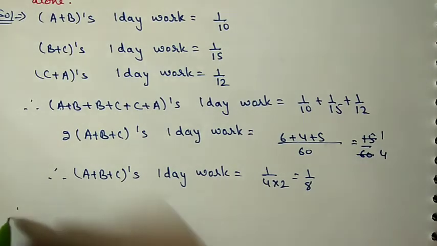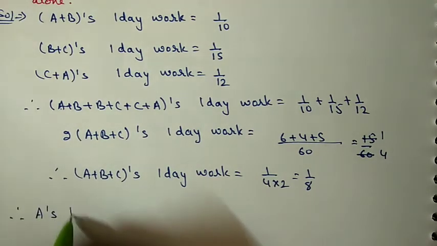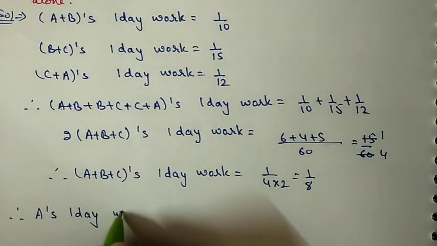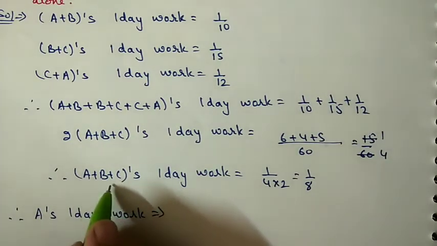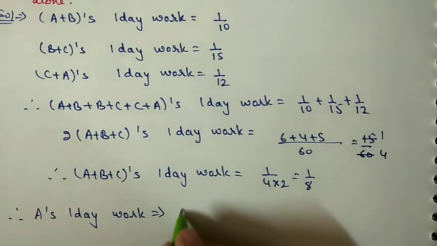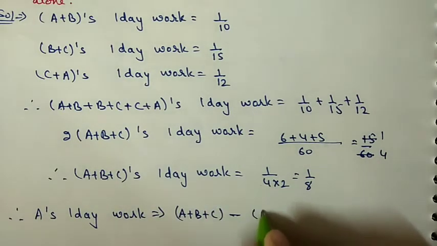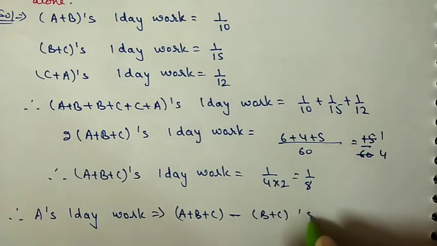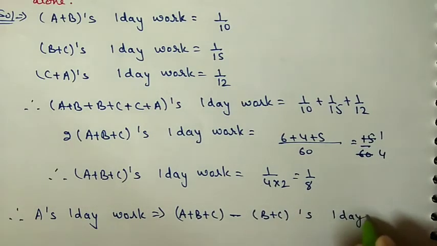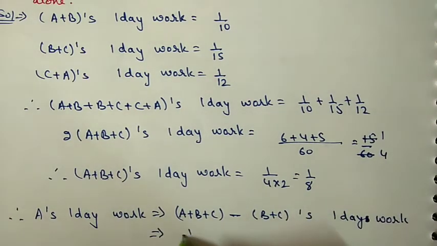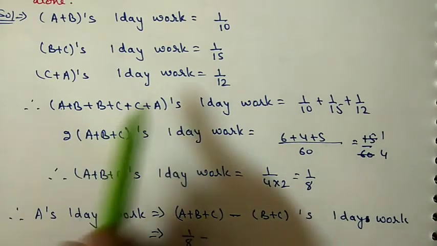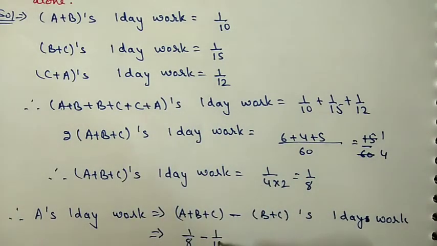So, A's one day work will be, from all three together we will subtract B and C. So, A plus B plus C minus B plus C's one day work. Together the three are taking 1 by 8 and B and C are taking 1 by 15.